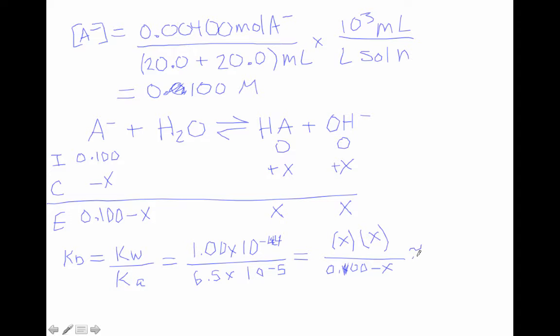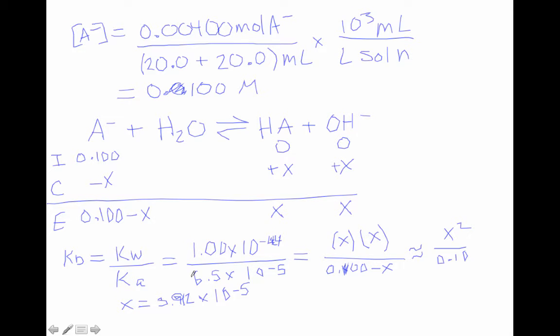We'll approximate this as X squared over 0.1 and then solve for X. This gives us an X of 3.92 times 10^-5, which is then the concentration of the benzoic acid at equilibrium and the concentration of the hydroxide at equilibrium.